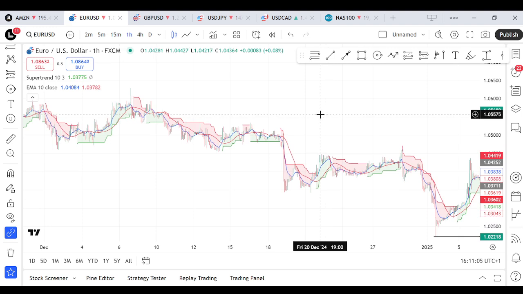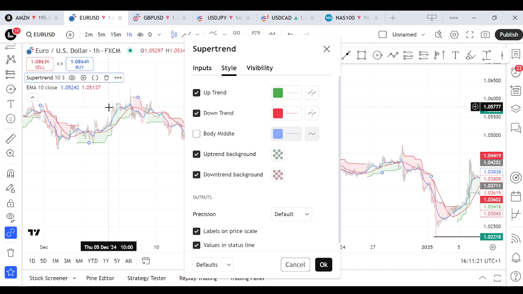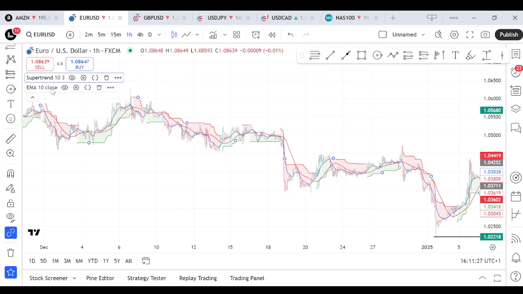It's a very straightforward strategy. It's not too difficult. You just need to practice. So different market conditions require different settings for indicators. So it's always wise to optimize your settings. Test various ATR lengths in the Supertrend and multipliers for the Supertrend indicator, as well as different periods for moving averages. I just use the 10 period and 20 period here.